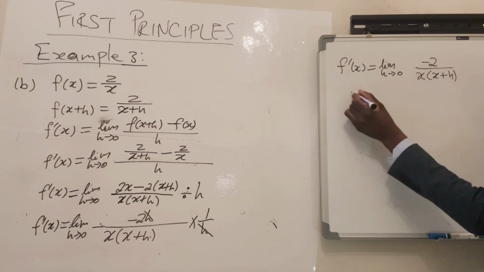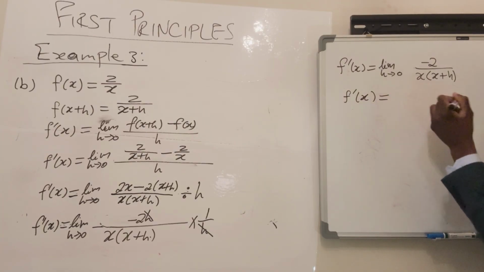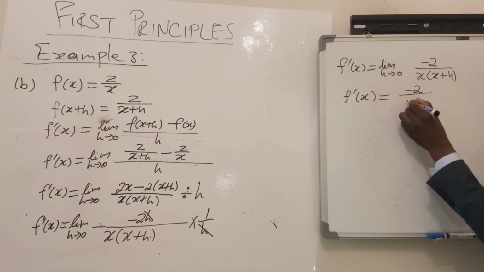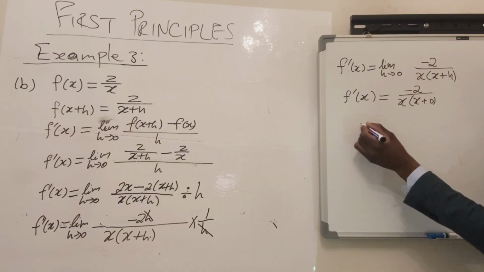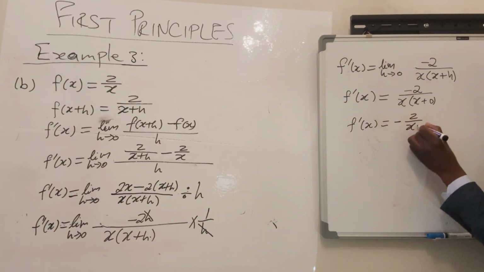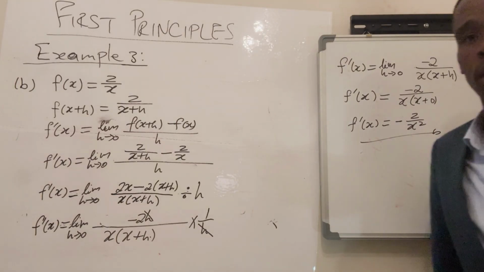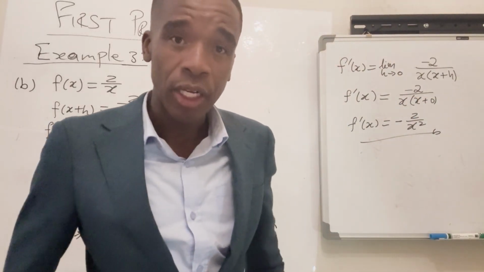Since we have cancelled the h, we can use the limit being 0 and remove the word lim as h approaches 0. Minus 2 over x into x plus 0, ladies and gentlemen, therefore f prime of x is equal to minus 2 over x squared. And that is the derivative in terms of first principles of that particular function or curve.